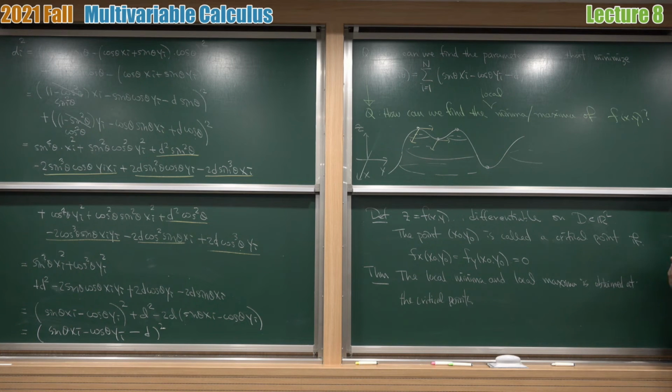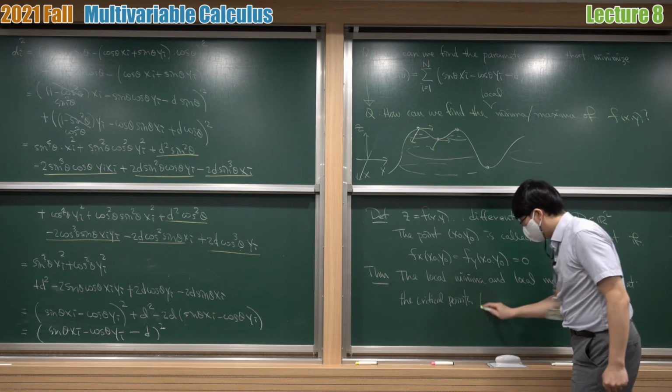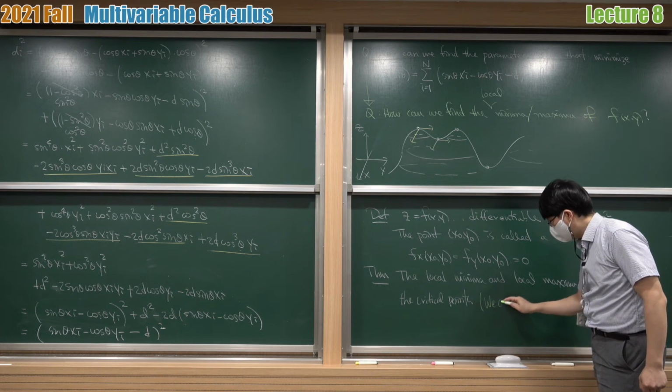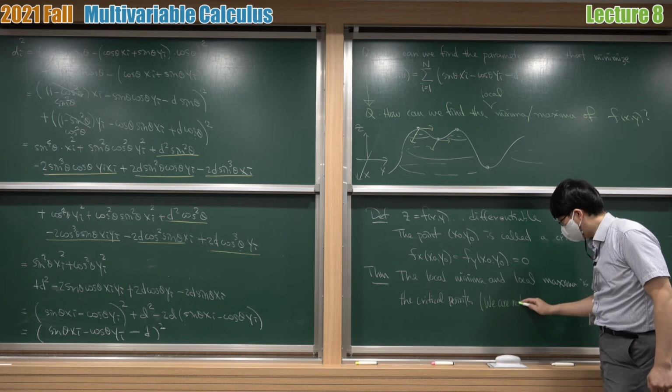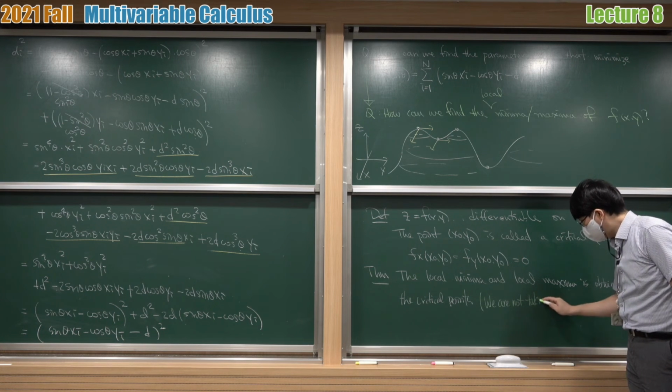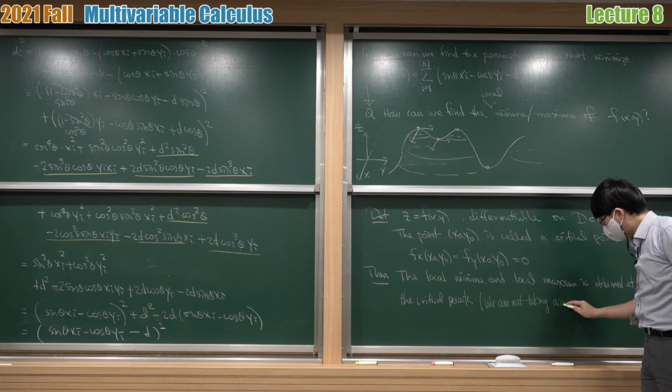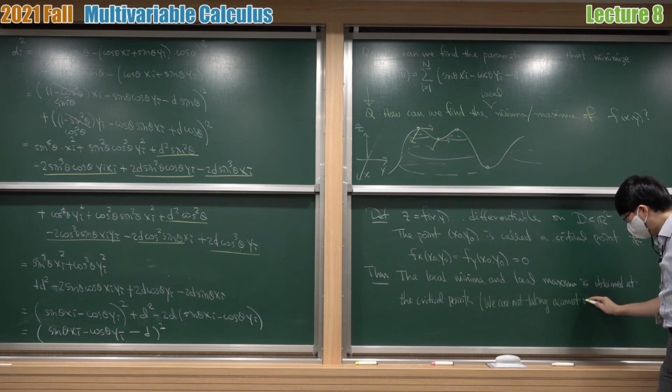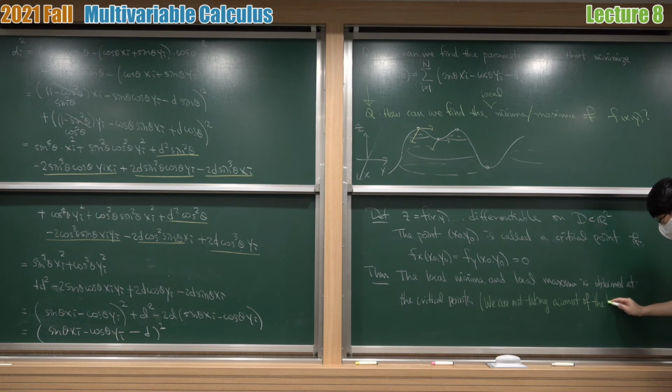If you take the boundaries into account, then you have to check whether there is a local maxima or local minima at the boundary. But we are not taking account of the boundary of the domain.